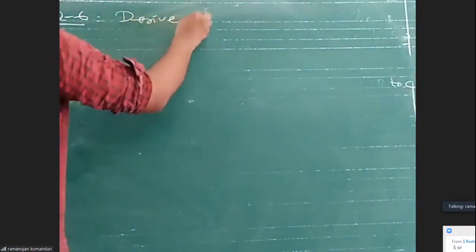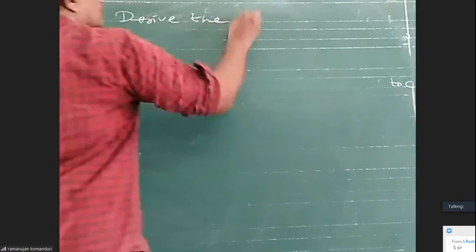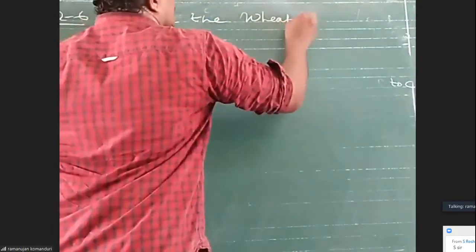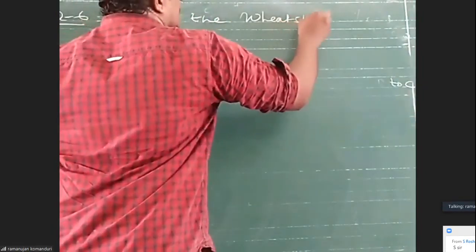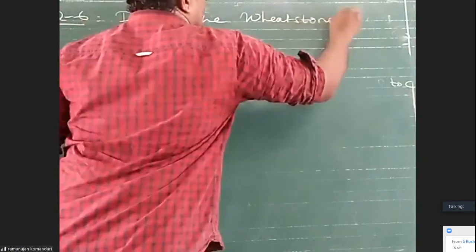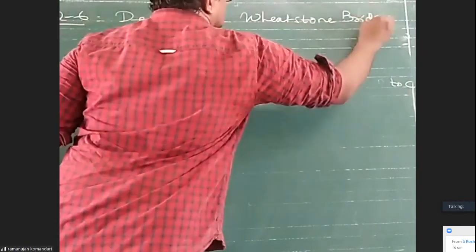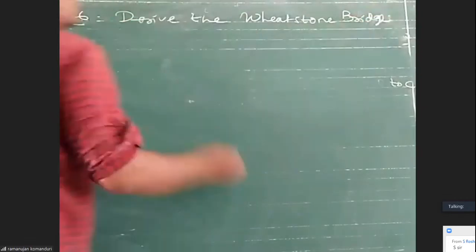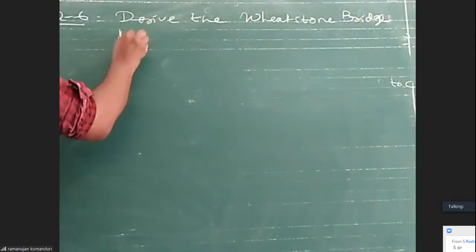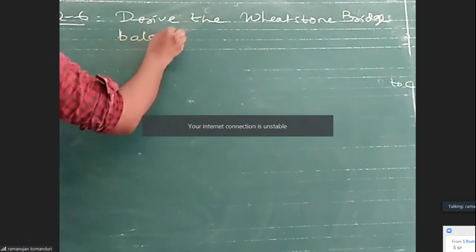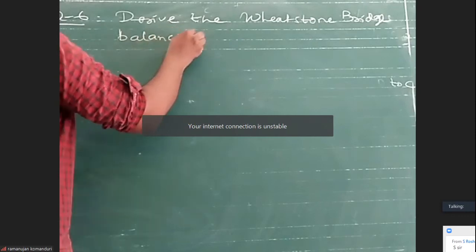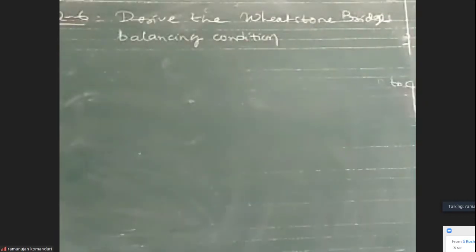SAQ 6: Derive the Wheatstone bridge balance condition. The T is silent there.